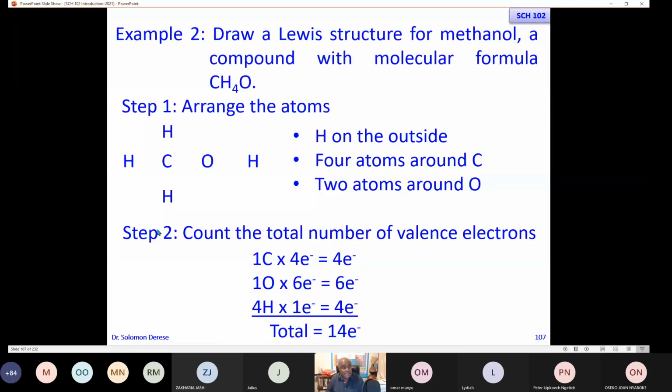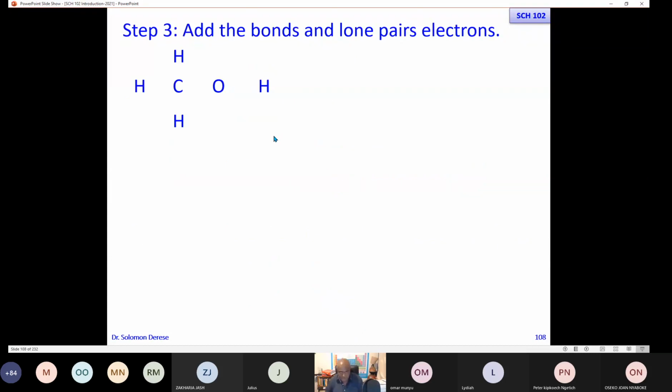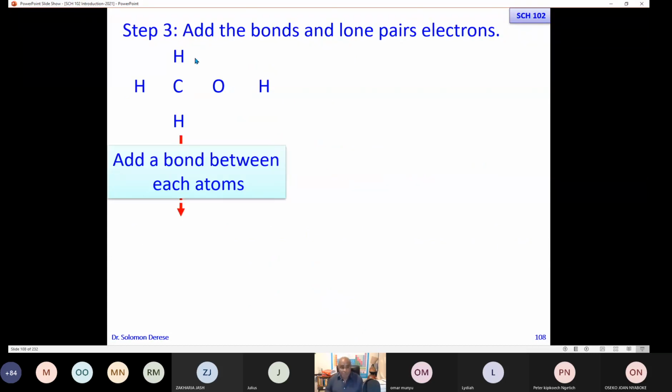Now, in the third step, we'll use these 14 electrons first to form a single bond between each of these elements: a single bond between carbon and hydrogen, carbon and hydrogen, carbon and hydrogen, carbon and oxygen, oxygen and hydrogen. We do that first. Add a bond between each of the atoms involved.